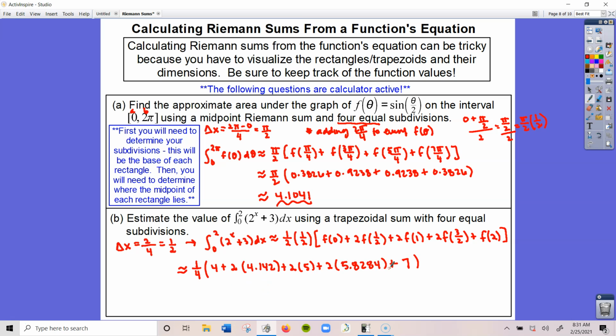So now we're going to add all of this together. So 1 over 4, we have 4, I'm going to add these already because they're easy to add. 4 plus 7 is 11. So I'm done with these.